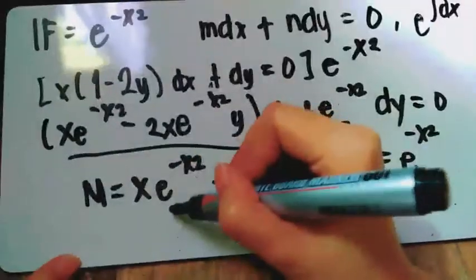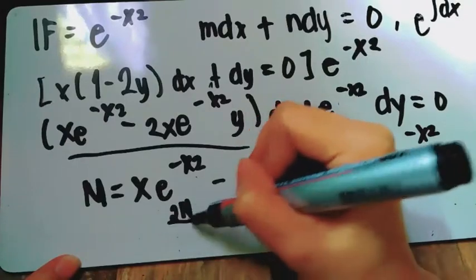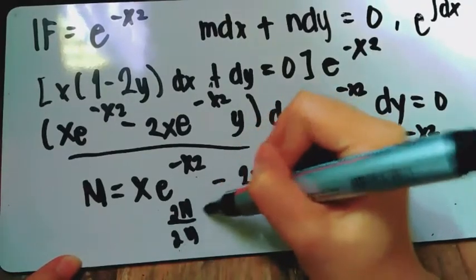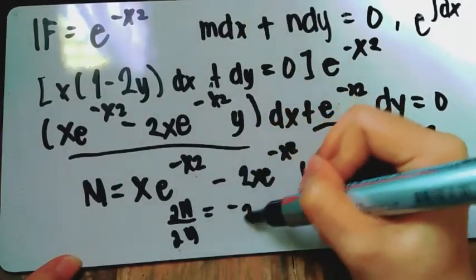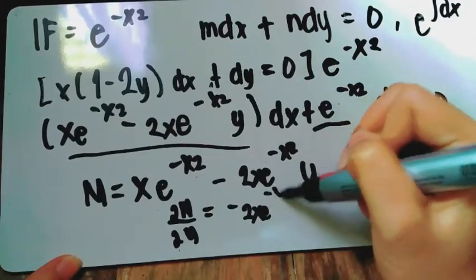Therefore, our partial of m with respect to y is equals to negative 2x e raised to x squared.